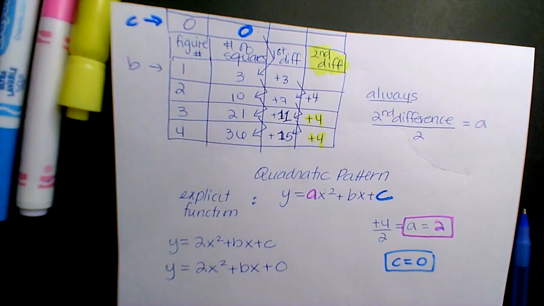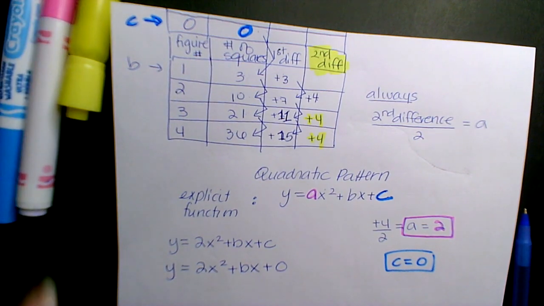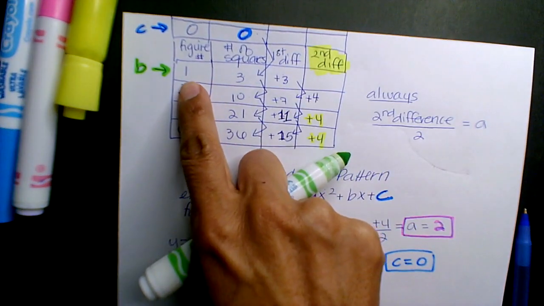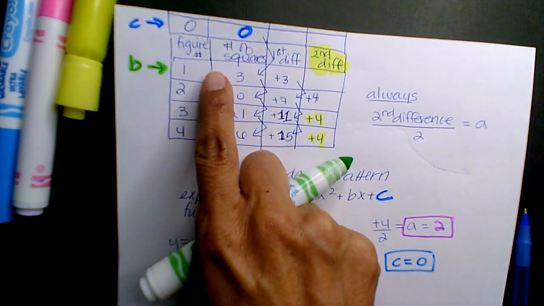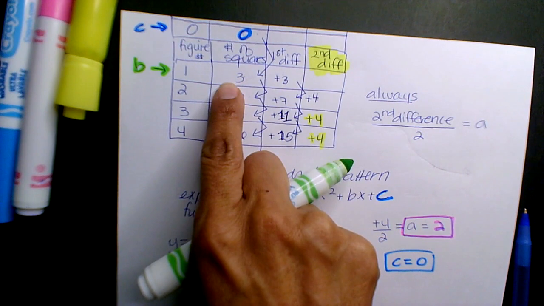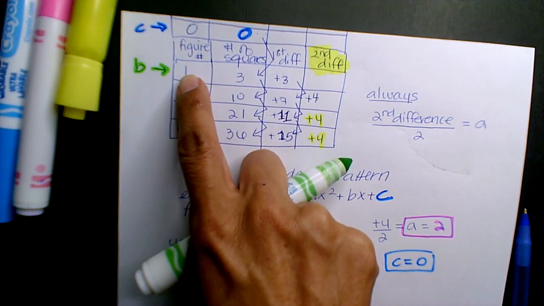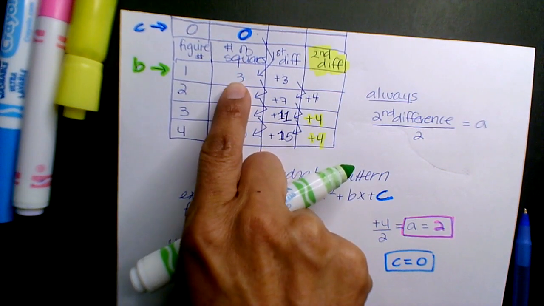So we'll use green then. You're going to look at the b. When x is 1, y is 3, right? When you substitute 1, you get 3.